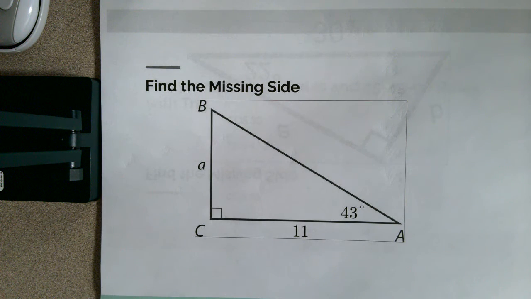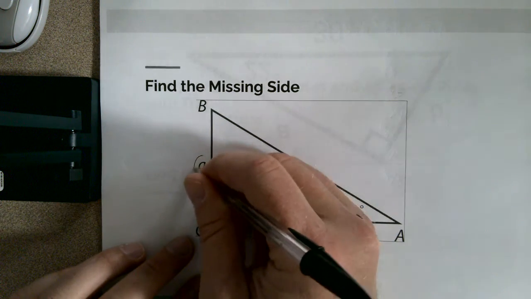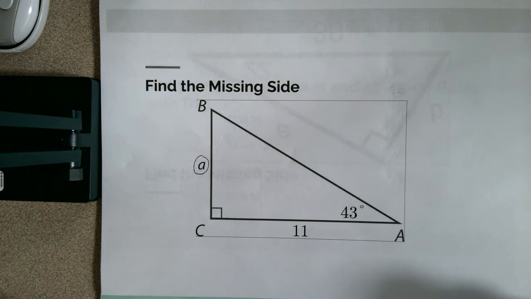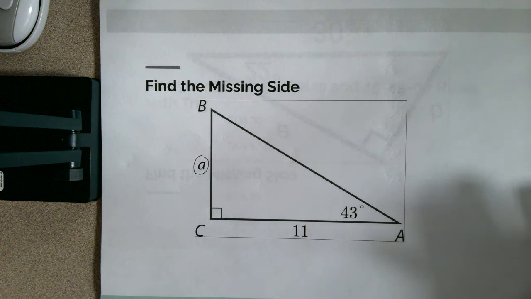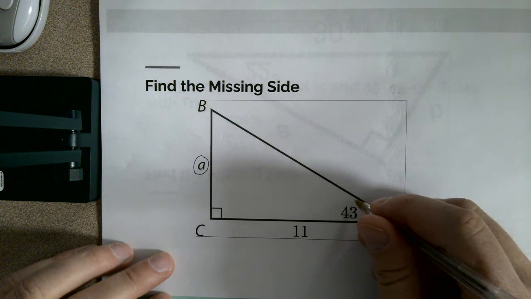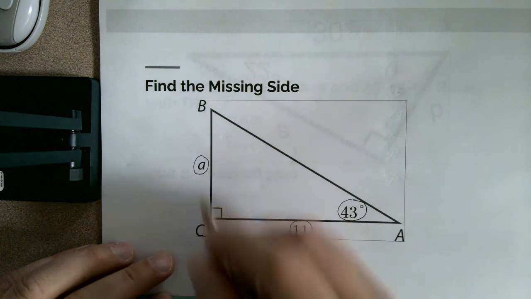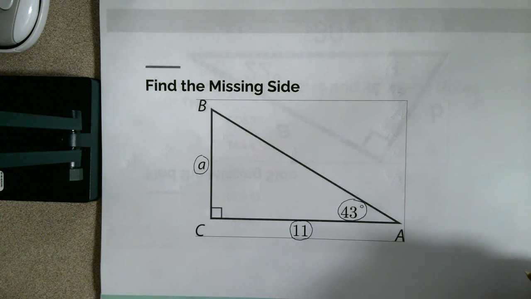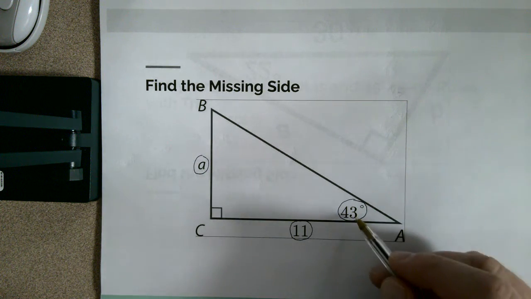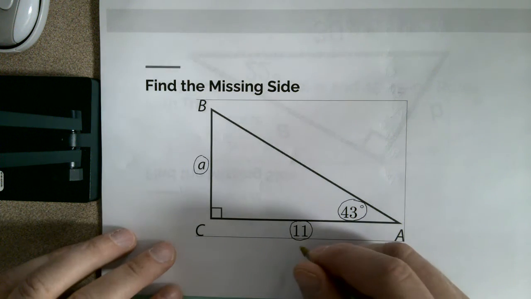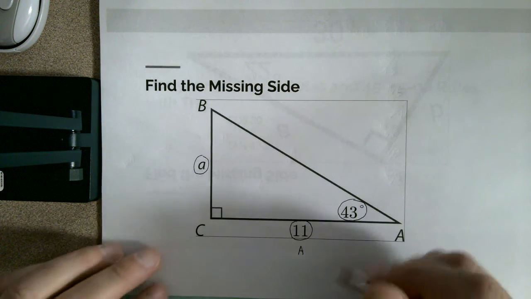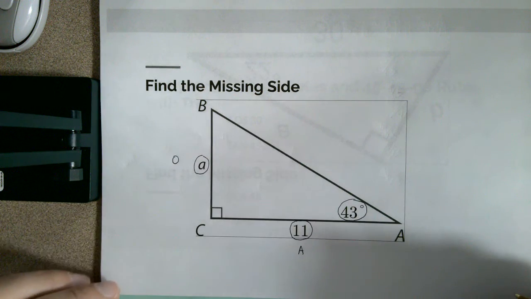In this picture, they're wanting us to find the missing side A, which is this little letter A over here to the left. When we're doing these problems, you want to focus on what information they give us. Notice here they give us the 43-degree angle. They tell us that one of the sides is 11, and then they want us to find A. Based on the 43-degree angle, we have the adjacent side, and we want to know the opposite side.